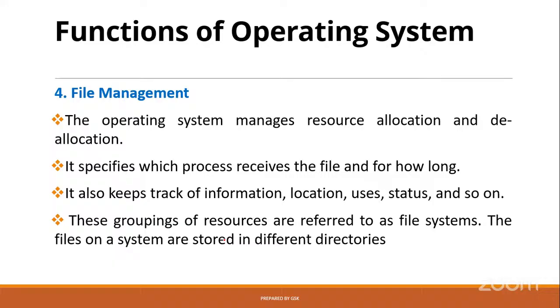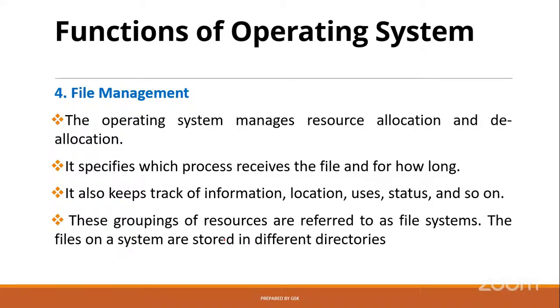Suppose I am working with one MP3 player, let us say, audio playing software that has to take one MP3 file. So how much time you want to listen to that music, which software may use which type of files, and how long different types of software use different types of files. So this complete record will be maintained by the operating system.